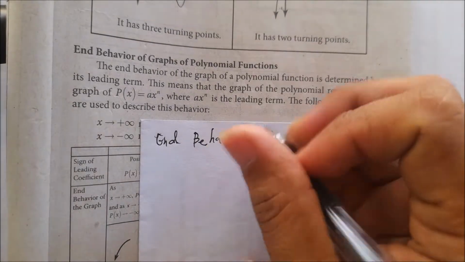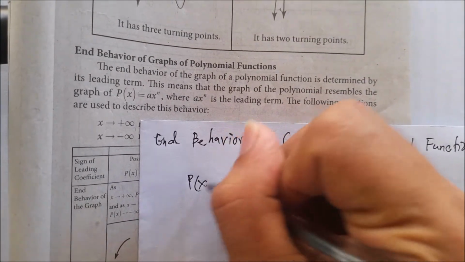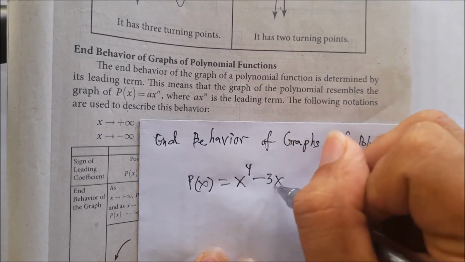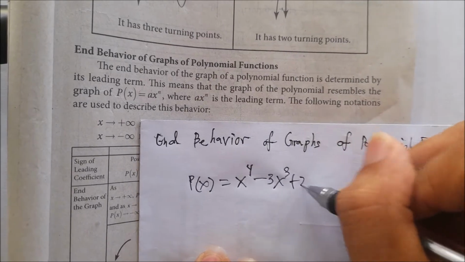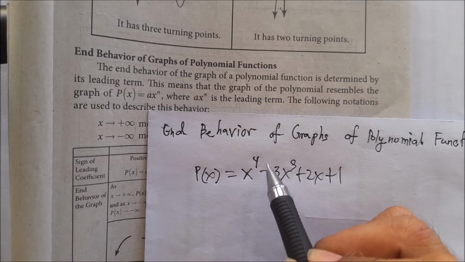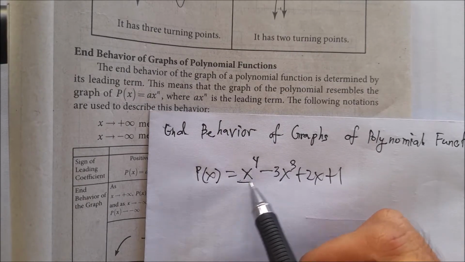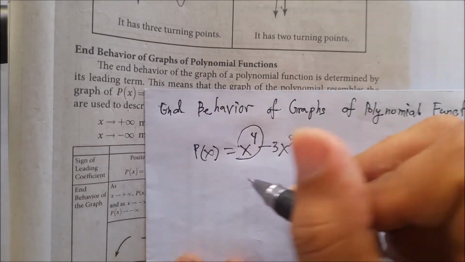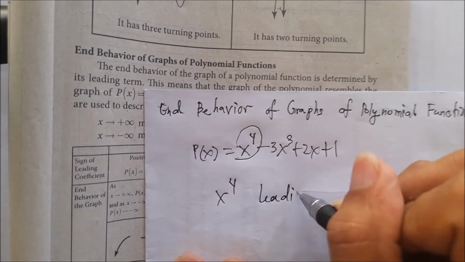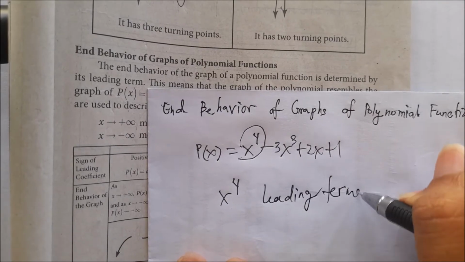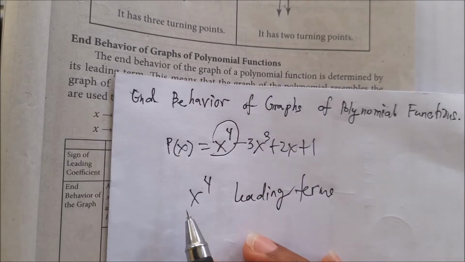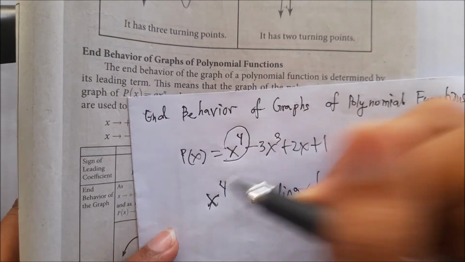For example, P of x equals x raised to 4 minus 3x raised to 3 plus 2x plus 1. The leading term is located at the highest degree, which is 4. x raised to 4 is the leading term, and it is positive.